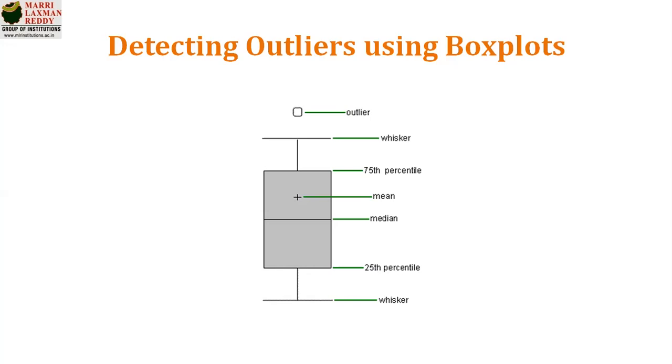Here the lower part is called the 0th percentile, this is called the 25th percentile, the median is called the 50th percentile, and this top rectangular body is called the 75th percentile. Finally, at the top it is called the 100th percentile, but they are not indicated here. So we basically call them the 25th percentile or 75th percentile. The 50th percentile is called the median.